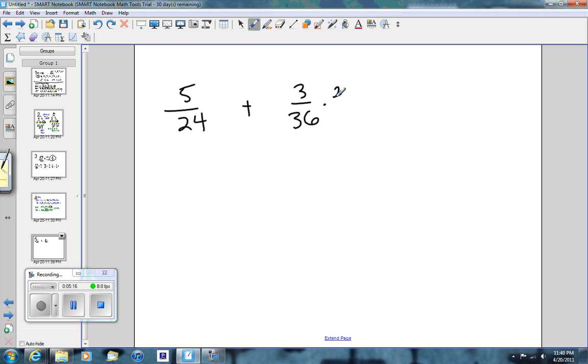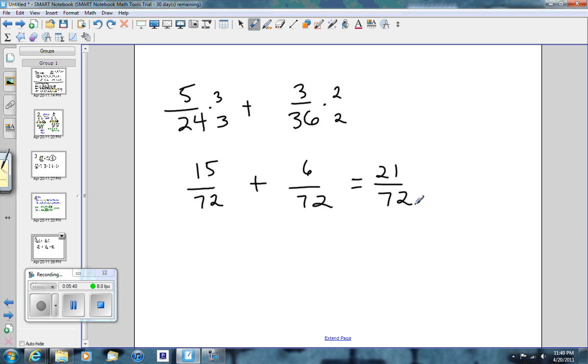For 24 and 36, I multiply this fraction by 2 to get 72, and over here I'll multiply both these numbers by 3. So I get the equivalent fraction 15/72. I can add 6/72, and together we get 21/72.